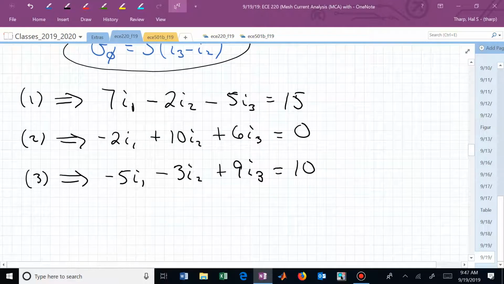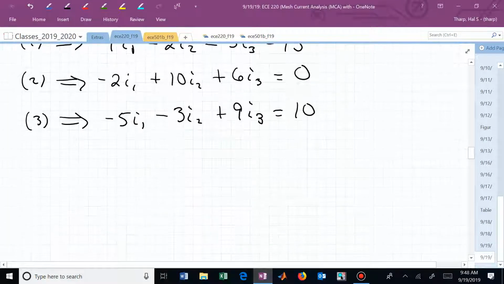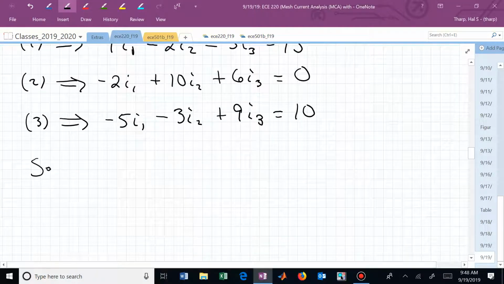We now have a resistor matrix we could factor out, times I1, I2, I3, this column matrix of unknown currents, equal to the right-hand side, which is our combinations of voltages in the appropriate way: 15, 0, 10. We can solve that for the unknown mesh currents.